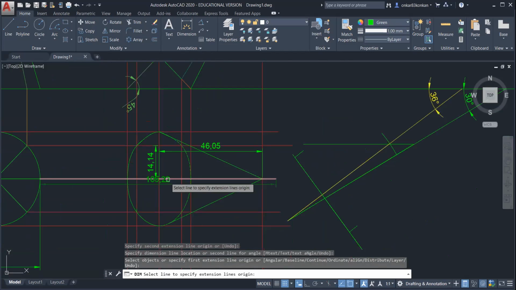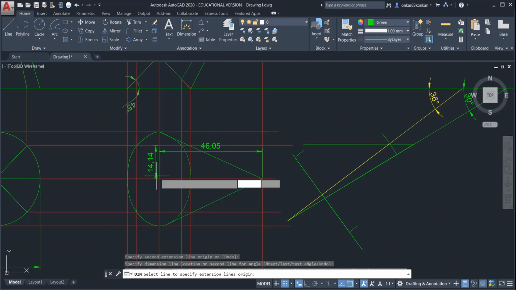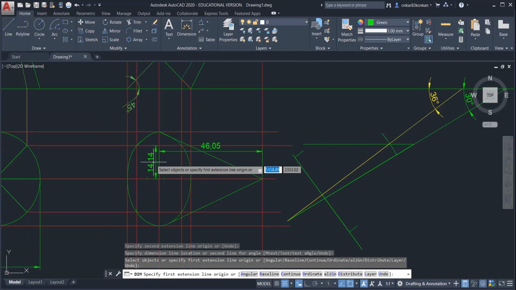Because finally, we have to draw these points. For that, with respect to the center line, you can measure the distance of these points.